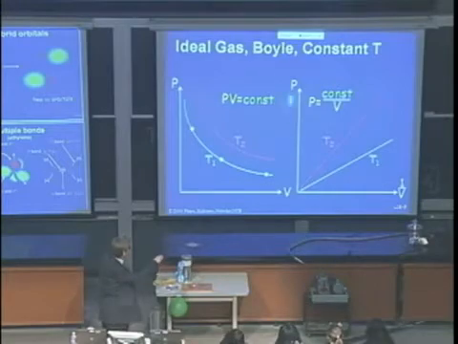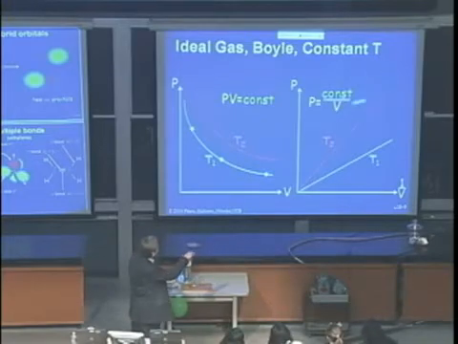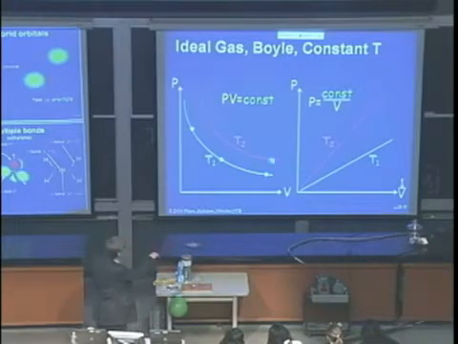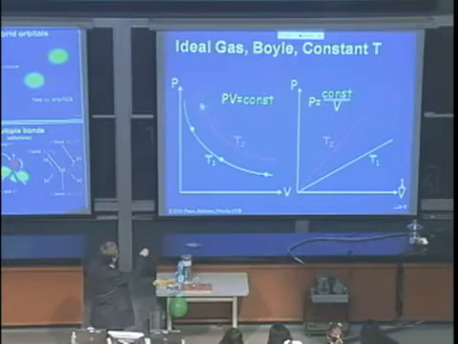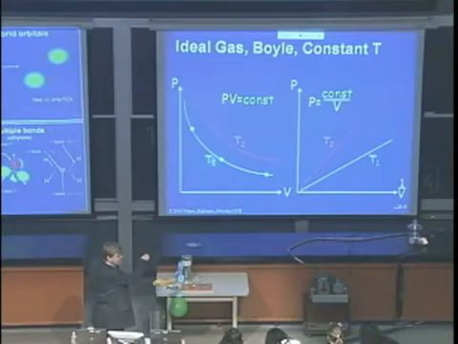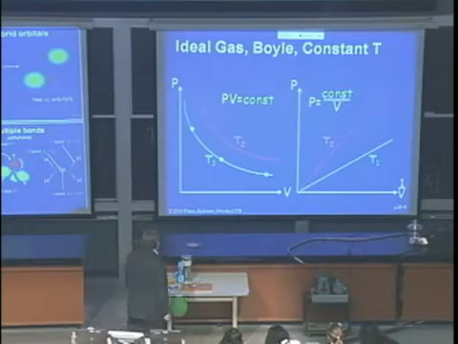It will also go through 0 here, but with a different slope because the constant is different. That's why the isotherm, the line at constant temperature, is different at this temperature. Okay? So this was Boyle.